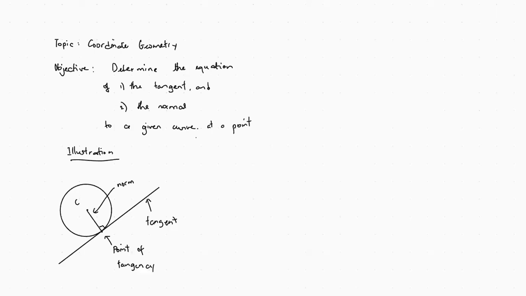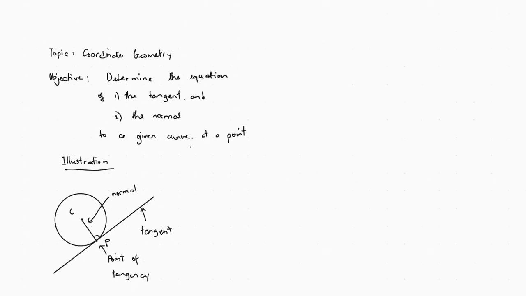So I will use C, the center, and P, the point of tangency, to get my gradient, and then I use that to find the equation of the normal.